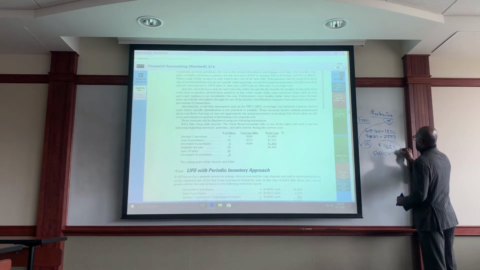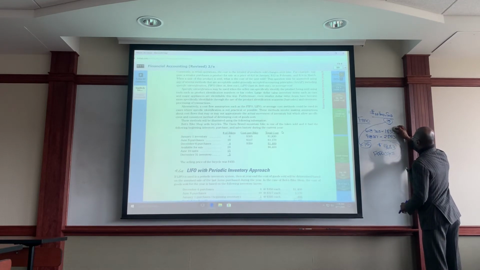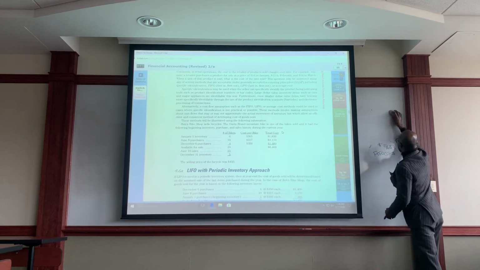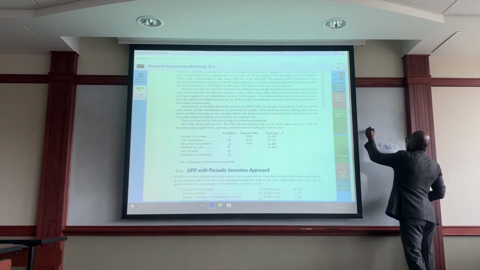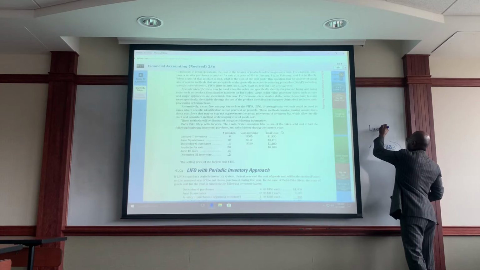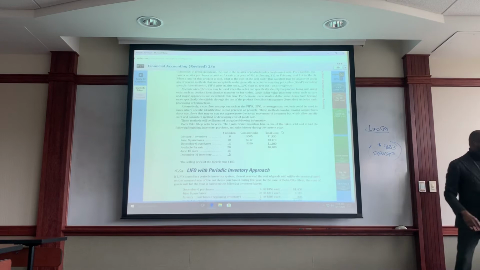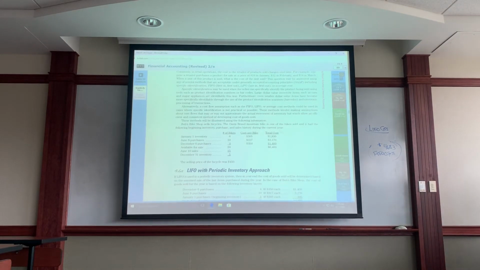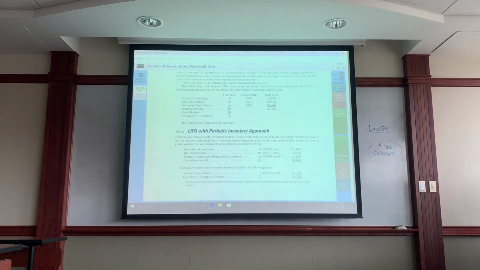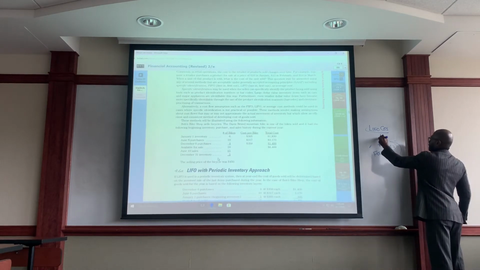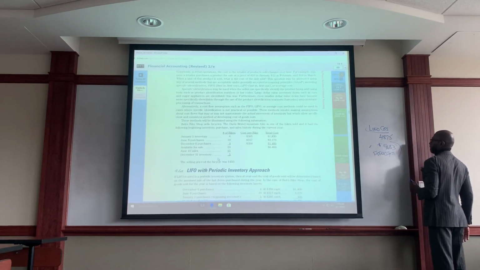So our FIFO cost of goods sold was 4683. Our LIFO cost of goods sold, as we calculated previously, and we can look down here and it'll show us, was 4875. All right?